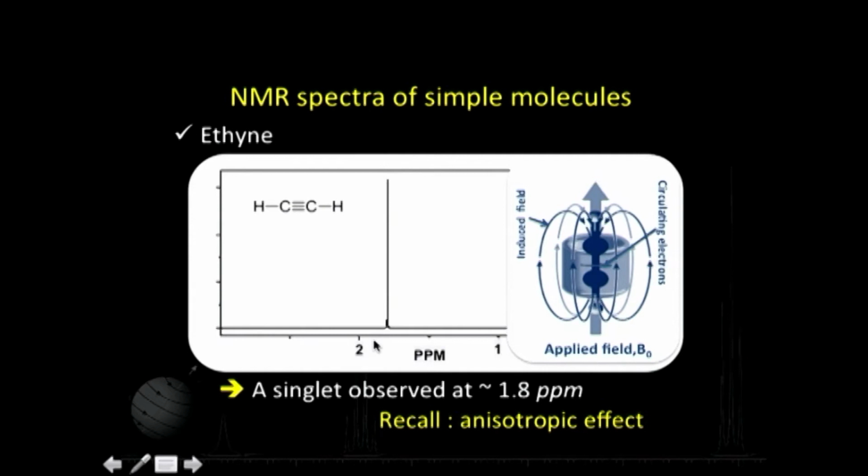And one more thing I would like to bring home is, just keep these numbers in mind. Acetylene typically around 1.8 ppm, ethylene around 5.2 ppm. They are the typical values for these molecules, and any ethylene or any unsaturation will come somewhere close by. So, these numbers will become very useful later on.